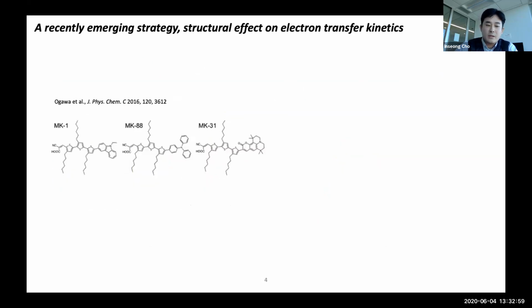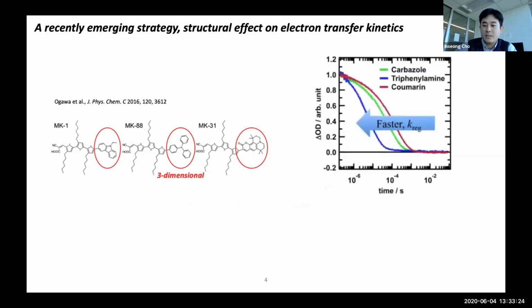Here is an example of a recently emerging strategy, which is the structural effect on electron transfer rate. There are three different types of electron acceptor molecules attached to the electrode surface. As you can see in the red circles, they have different structural moieties. Among those, the one with a three-dimensional structure showed the fastest electron transfer rate measured by transient absorption spectroscopy.